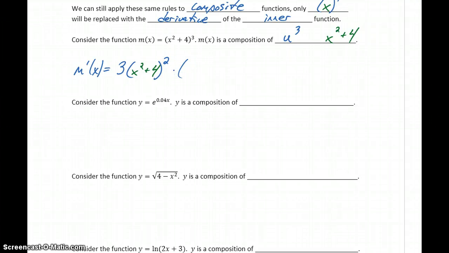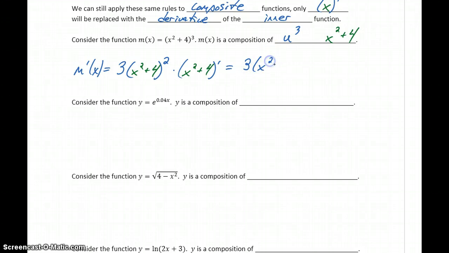And then we're going to multiply by the derivative of that interior function. So this is exactly the power rule as we've always used it before. The only difference is instead of it just being x raised to some power, we have an inner function being raised to some power. So instead of multiplying by the derivative of x, we multiply by the derivative of that interior function.